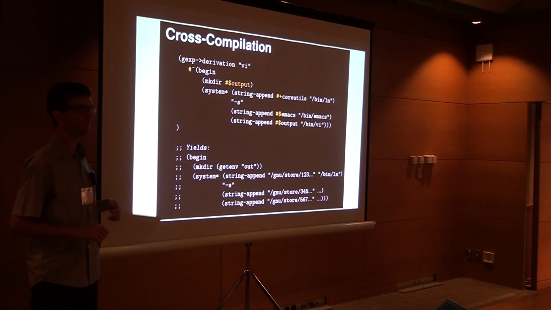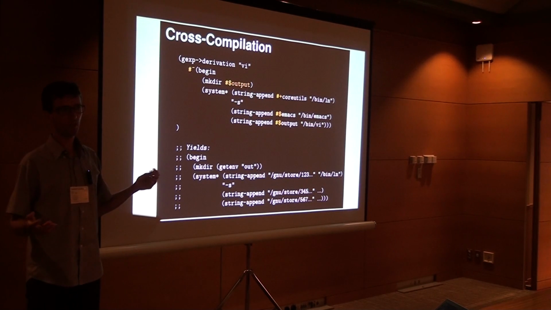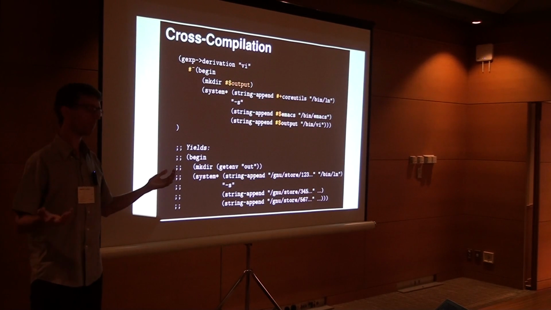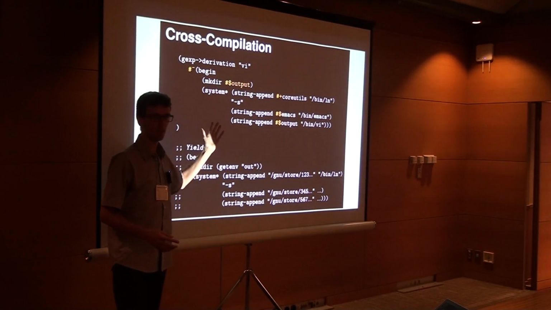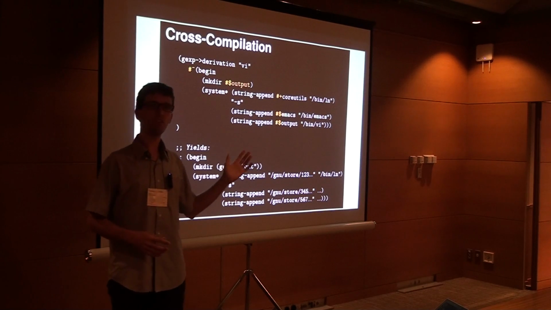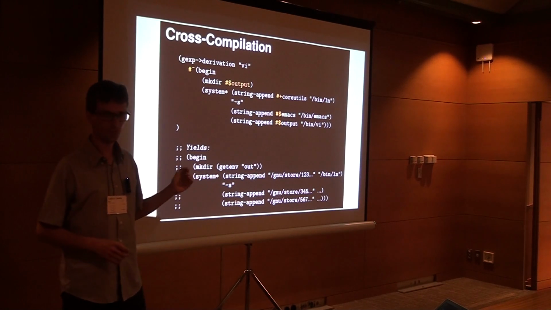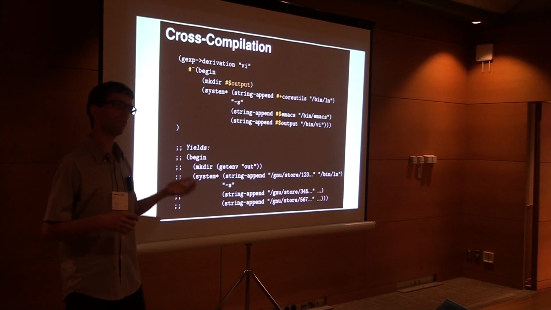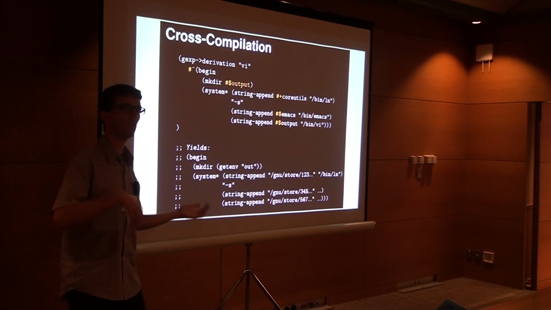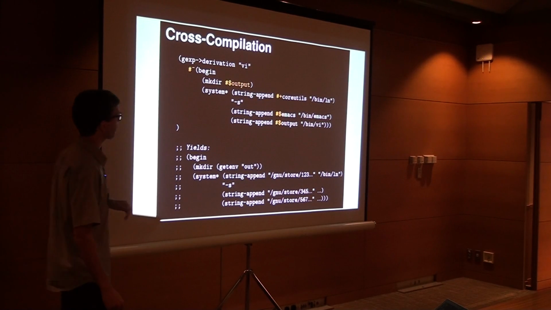But again, if we compare with quasi-quote and unquote, we have GEXP and ungexp, but we actually need more if we consider cross-compilation. Guix can already do cross-compilation of packages. When doing cross-compilation, we need to be able to differentiate between native inputs and target inputs.